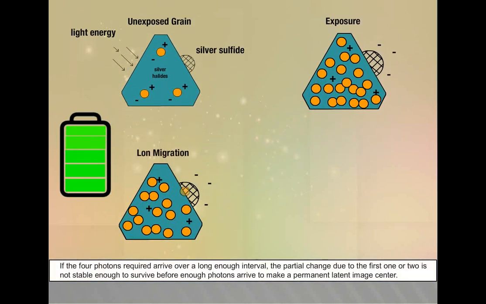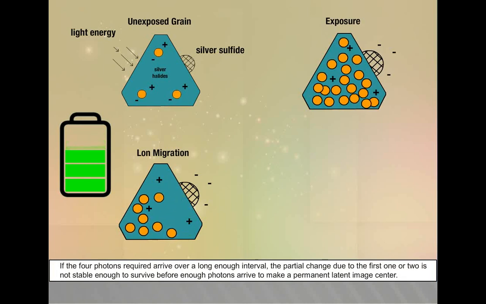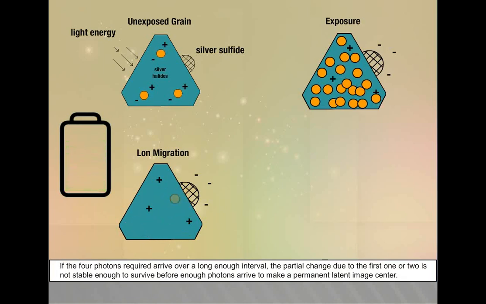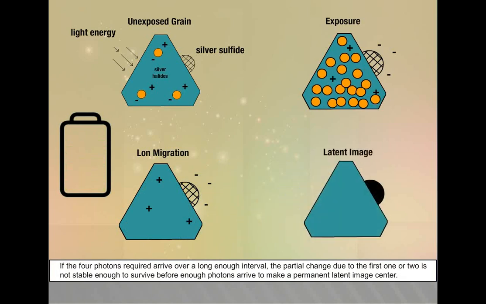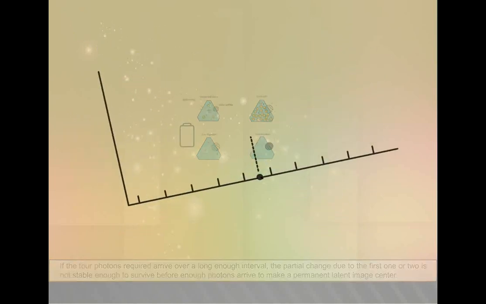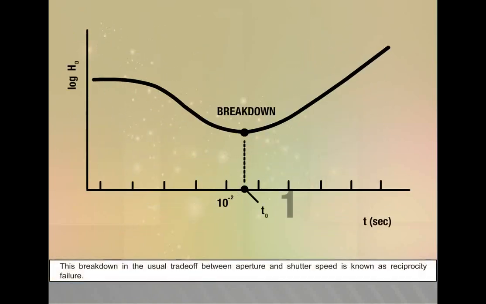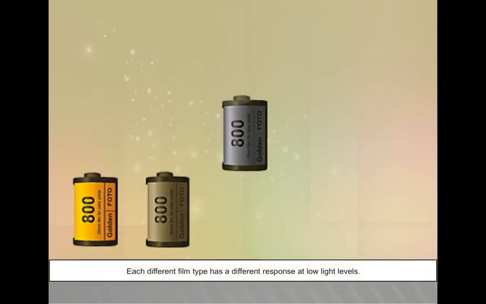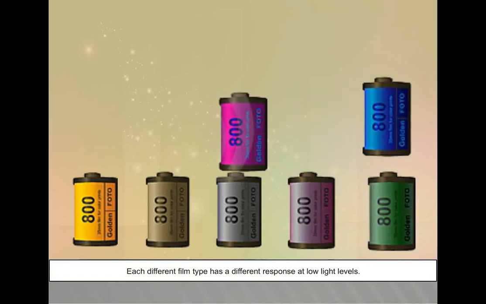If the 4 photons required arrive over a long enough interval, the partial chain due to the first 1 or 2 is not stable enough to survive before enough photons arrive to make a permanent latent image center. This breakdown in the usual trade-off between aperture and shutter speed is known as reciprocity failure. Each different film type has a different response at low light levels.